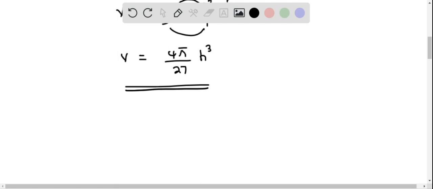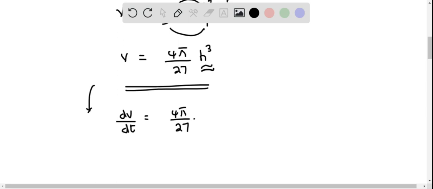Which means we can now go ahead and find its derivative to determine dh over dt. Now I'm going to find the derivative on both sides with respect to time. So the derivative of V with respect to time is dV over dt, and this equals a constant 4 pi over 27, which remains the same, and we just have to find the derivative of h cubed with respect to time.